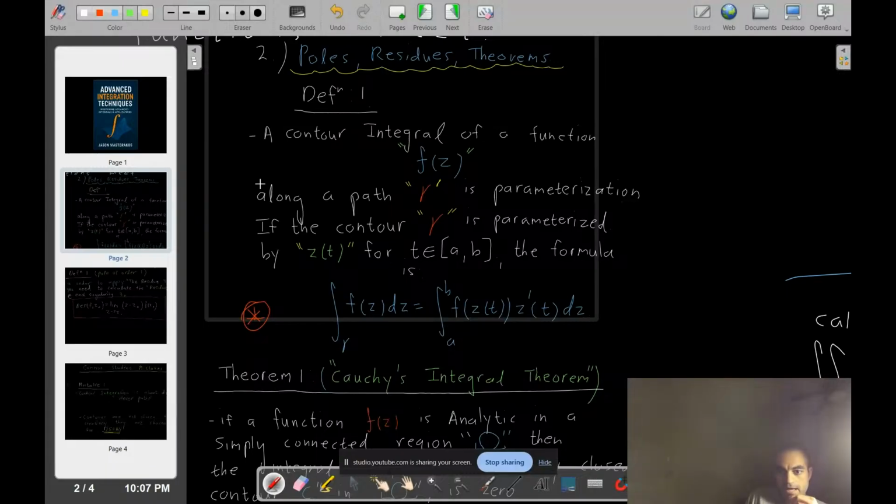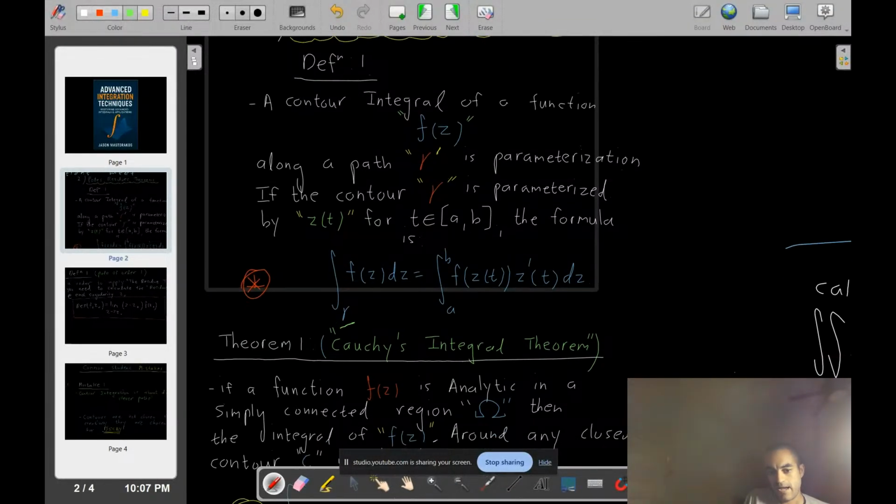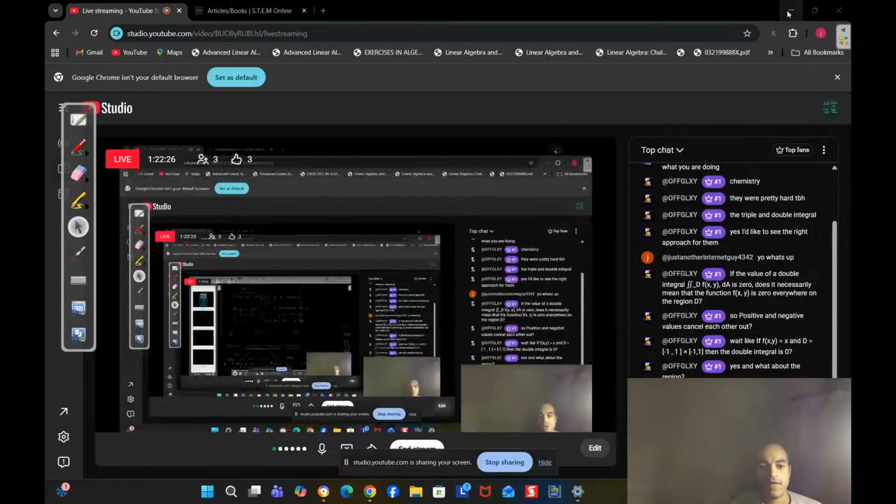If the contour gamma is parameterized by z of t, for t belonging to the closed interval [a, b], the formula is: the integral over path gamma of f of z dz is the integral from a to b of f of z of t, times z prime of t, dt. Slight mistake here, this needs to be a dt. Any questions on definition one?